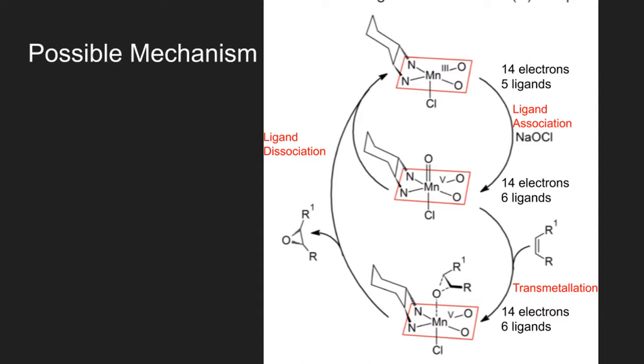This then activates the catalyst, allowing for the epoxidation to occur, where the alkenes come from a top-down approach to form the epoxide. This occurs on a cis double bond. Once the manganese-oxygen bond breaks, the epoxide is formed and the catalyst then regenerates through ligand dissociation, forming a +3 oxidation state, allowing for this Jacobsen catalyst to react again when oxidized. The epoxide that forms is both wedged or both dashed.